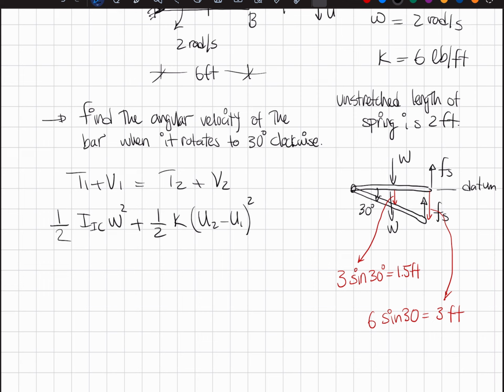And then we can look at the right-hand side of the expression. We have 1/2. This is looking at T2, right? So we have 1/2 I_IC omega 2 squared, right? So just to avoid the confusion with the subscripts, I can say this is 1 and 1 prime.